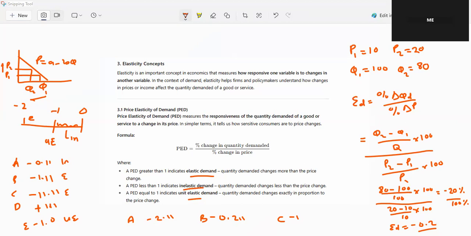Can anyone tell me how much a razor blade is? You don't know, right? You can buy it whether you found it at 5 kwacha or at 10 kwacha. But you don't buy it on a daily basis. It is inelastic, insensitive.